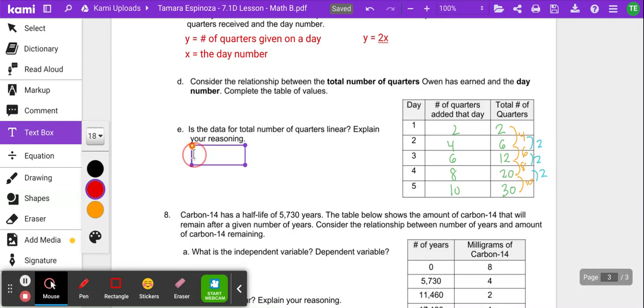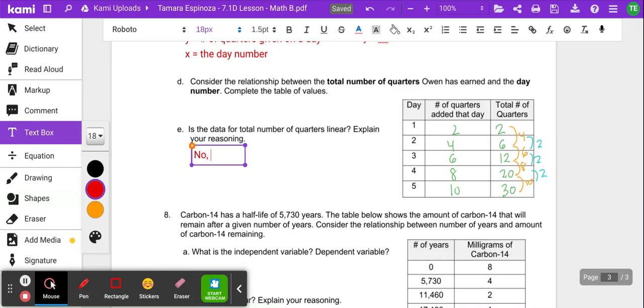No, the first difference is not consistent. Constant. That works too.